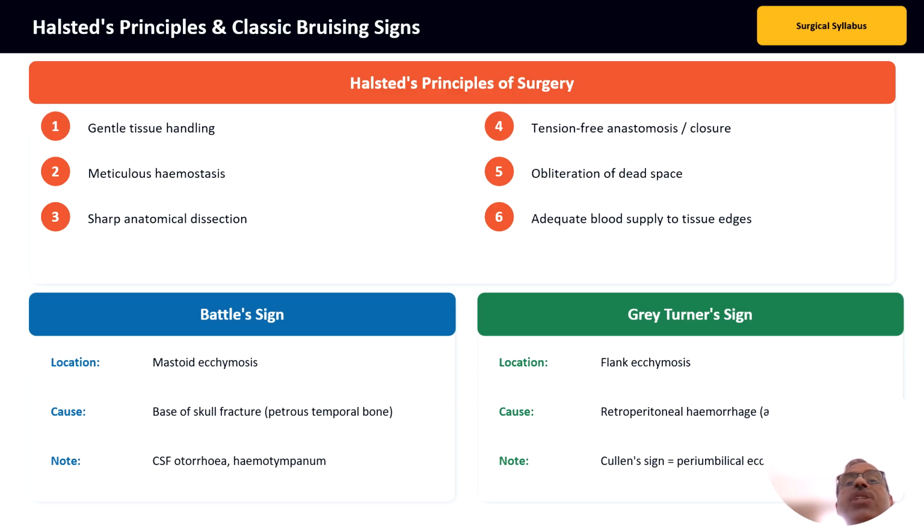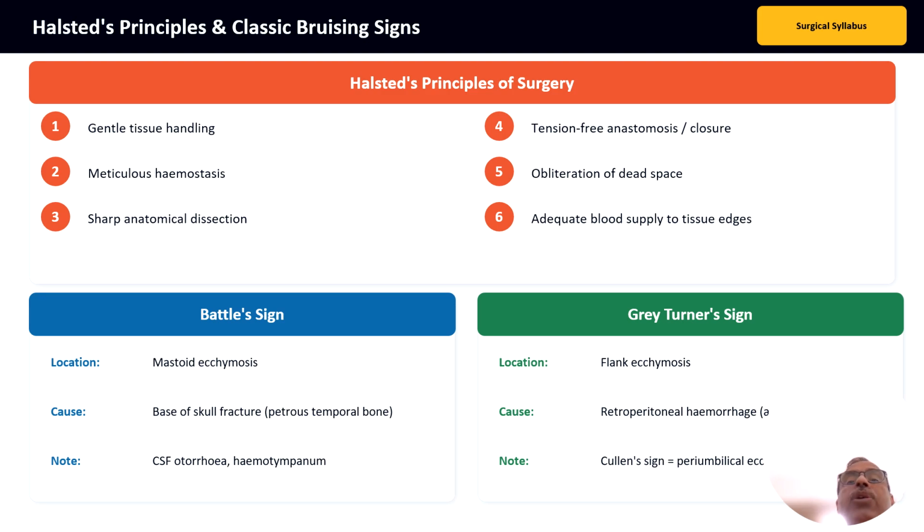Tension-free anastomosis, very important, or any closure, because any sutures under tension would lead to further complications post-operatively like surgical site infection or wound dehiscence. Always obliterate any dead space. Don't leave the dead space because it can quickly fill up with serous fluid, leading to seroma or a hematoma and compounding further the post-op complications like surgical site infections.